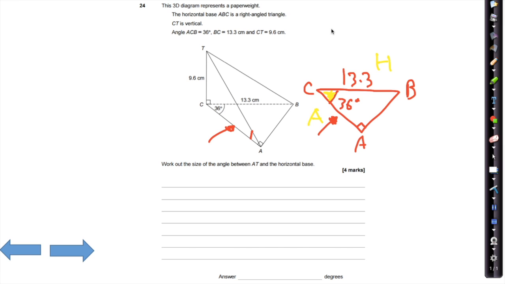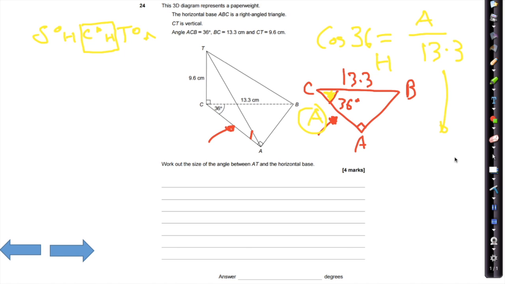So cos of 36, and remembering SOHCAHTOA, we're using cos, because relative to this angle here, we've got the adjacent that we're looking for, so A, and the hypotenuse that we've got, which is 13.3. So cos 36 is the adjacent over the hypotenuse, which is 13.3.